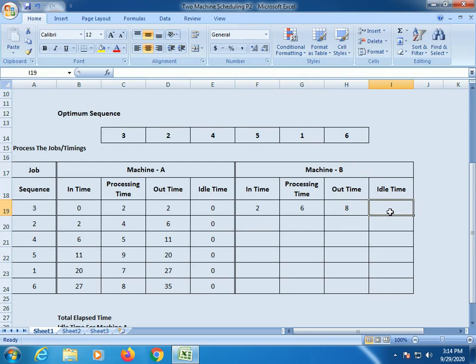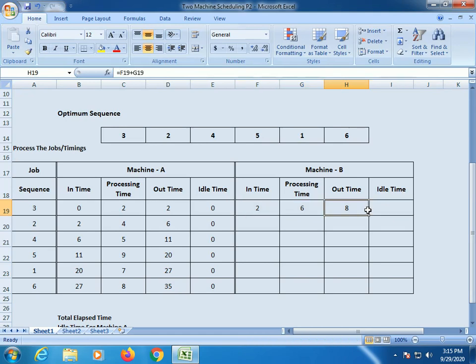Then what about the idle time? Did this machine wait for any job? Yes, definitely it has waited.